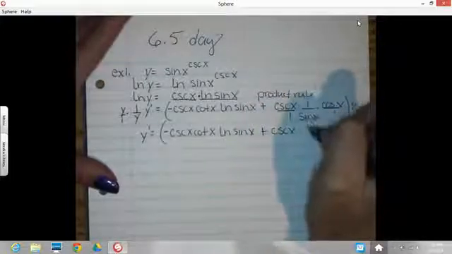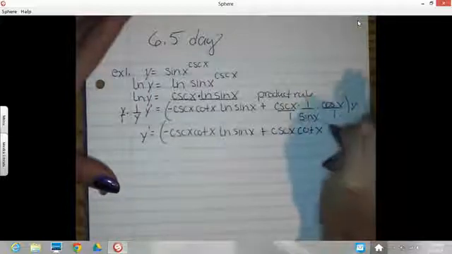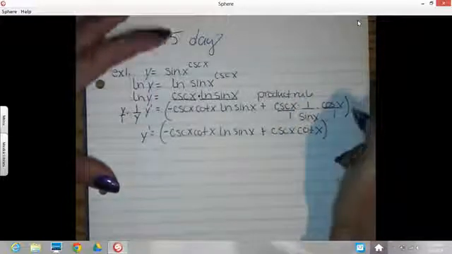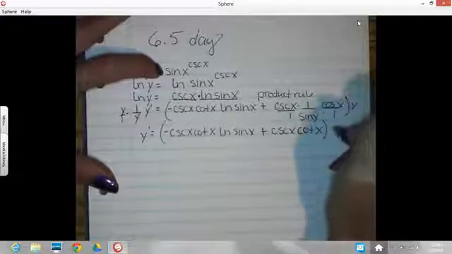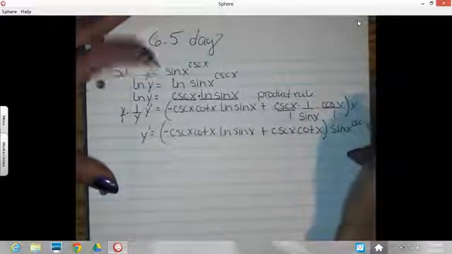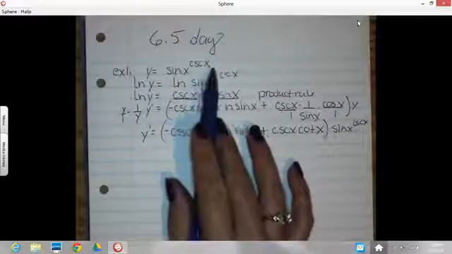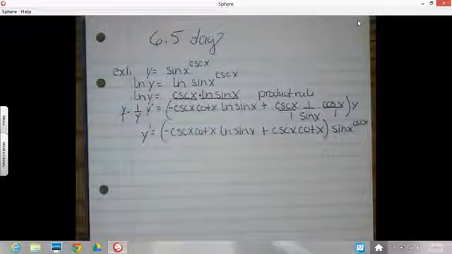Cosine over sine turns into cotangent. All times the y, which is sine raised to the cosecant. Done. So, anytime the variable's up in the exponent, you'll hit it with a log, knock it down, jump into derivative.